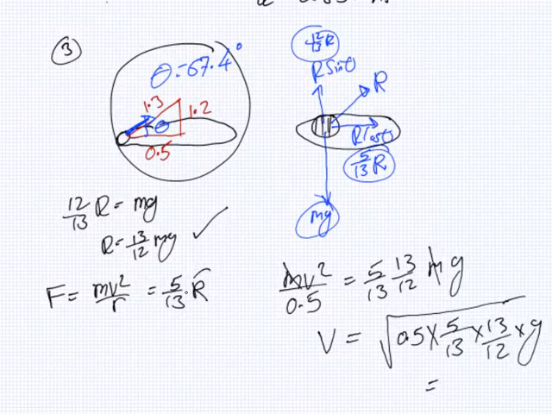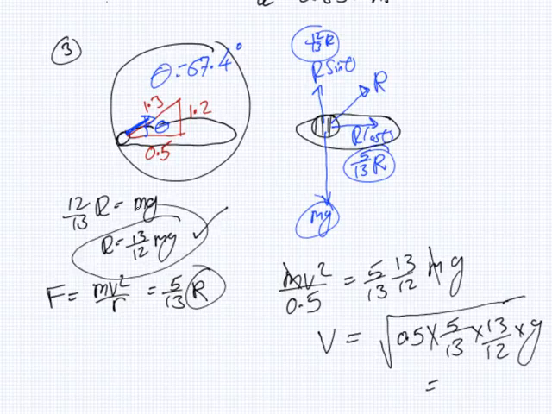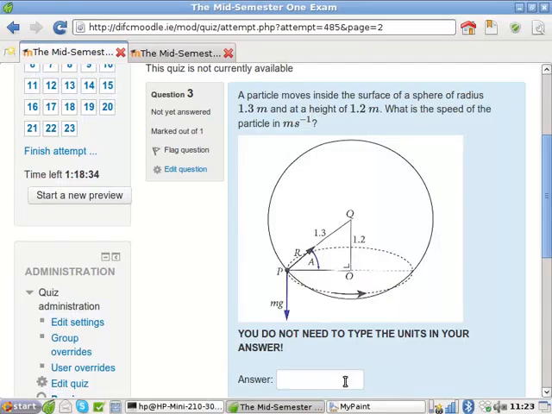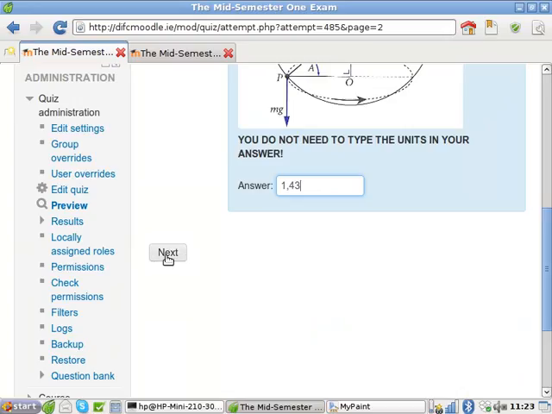So I just replaced the or here with what I have from earlier. So square root 0.5 times 5/13 times 13/12 times 9.81, 1.43 meters per second. Okay, next one.